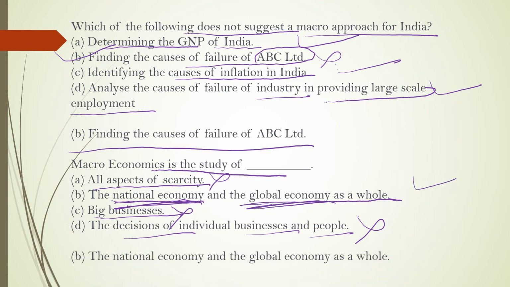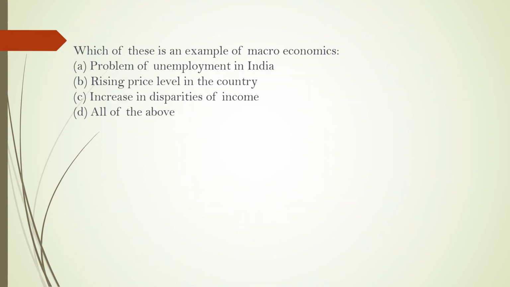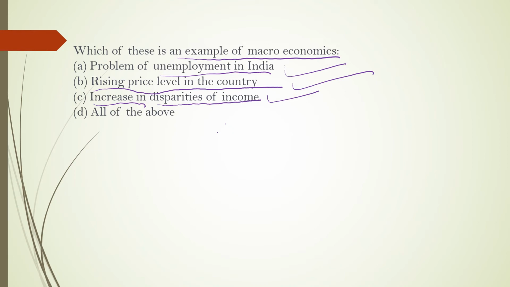So the right answer is B, the national economy and the global economy as a whole is a macroeconomic study. Which of these is an example of macroeconomics? Problem of unemployment in India is of course macroeconomics. Rising price level in the country, macroeconomics. Increase in disparities of income is of course macroeconomics. So all of this is the right answer.